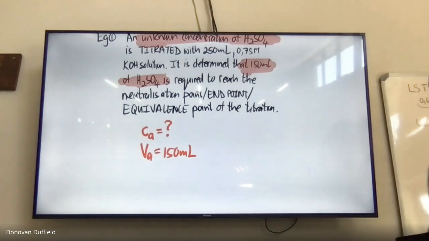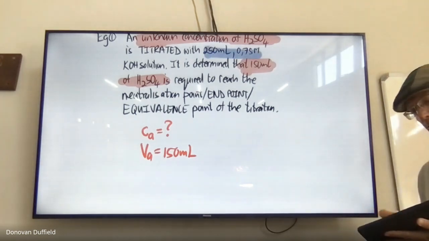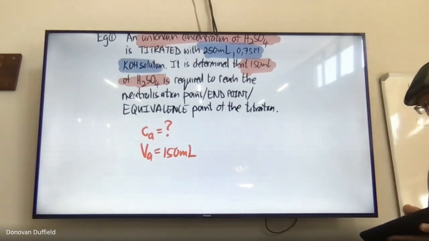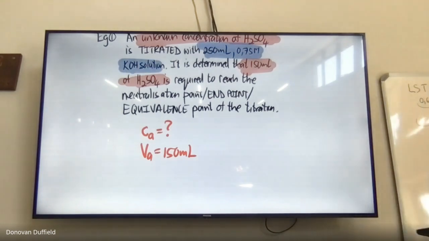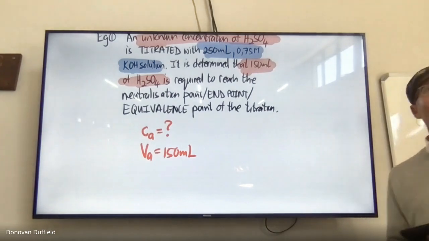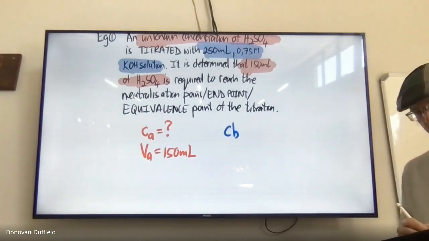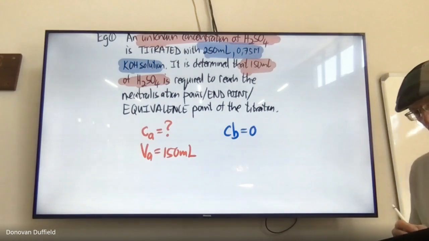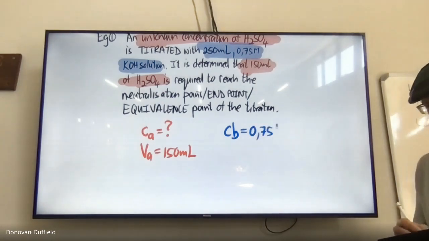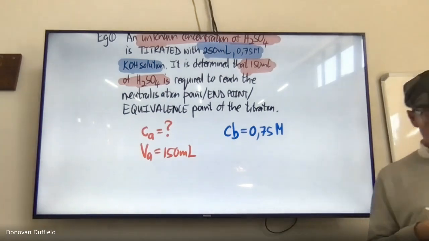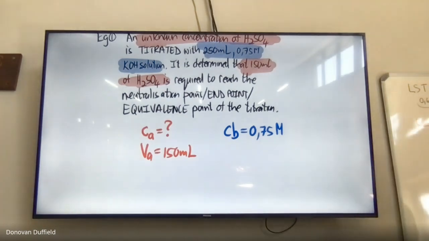For the base, I'm going to use blue. 250 milliliters of KOH solution of a concentration of 0.75. So the concentration of the base is 0.75 mole per cubic decimeter. The volume of the base is 250 milliliters.